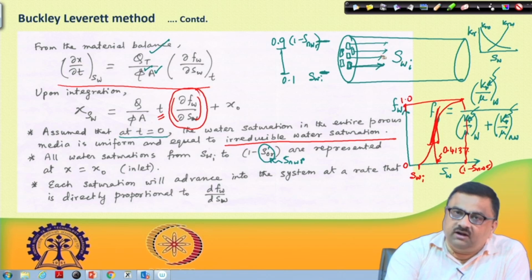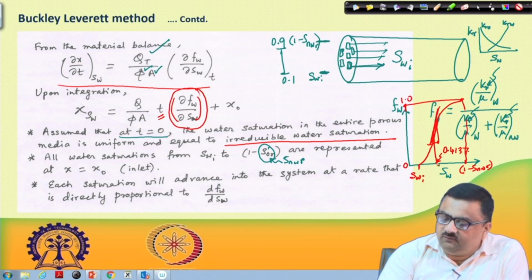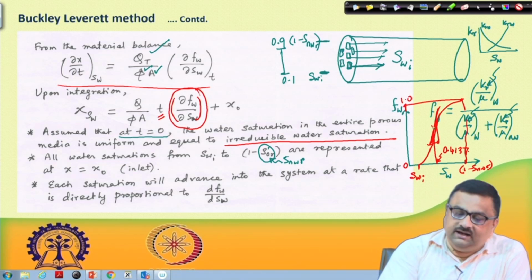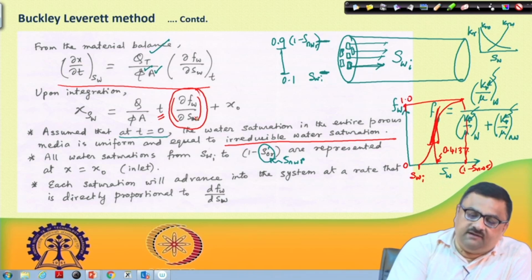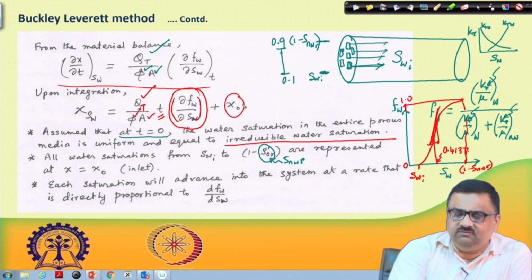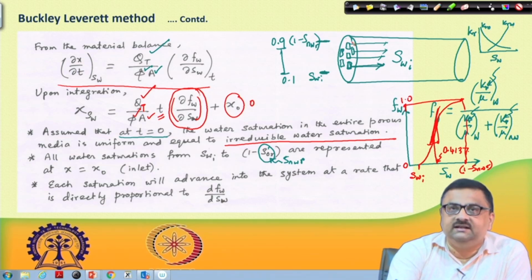For that 0.4137 I will go up, find out which point we are looking at. At that location I have to draw a tangent, find out the slope, and that slope gives me del FW, del SW. And we put this del FW, del SW, and this is basically QT. So, QT is known, phi is known, A is known, and x0 we can assume to be 0, because at time t equal to 0 all saturation packets are near the inlet.